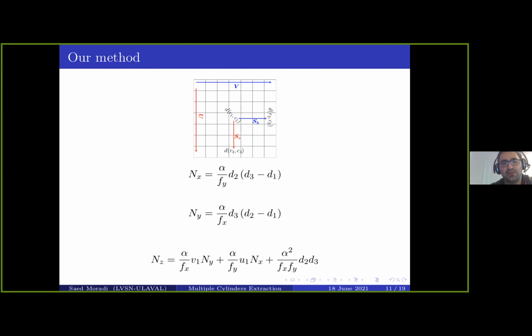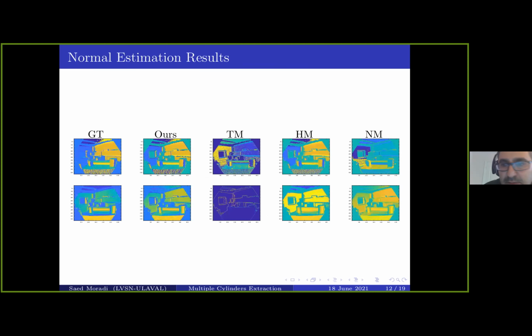Actually, our method has one step less than the other methods. At the end, all those methods have to calculate the cross product of two vectors, which in our method we do not need, because we have a closed form solution for the final normal vector. Okay, let's see the result.